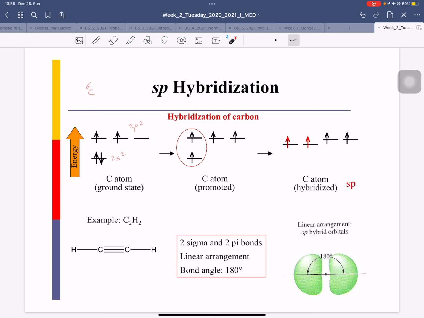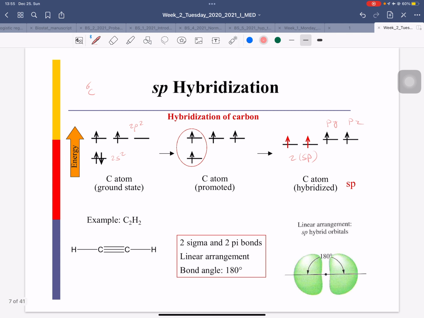In this excited state, if we have hybridization between one s and one p, we will have two sp orbitals, and we will have py and pz free. And I have to say the p orbital energy is higher than the hybridized orbital energy, and the hybridized orbital energy is higher than the s orbital.